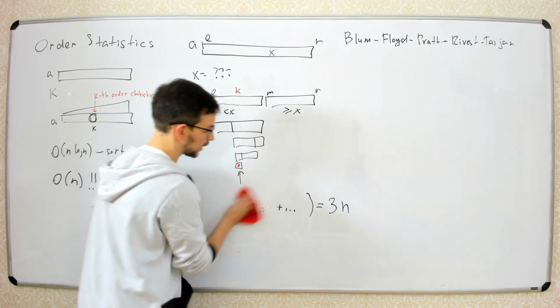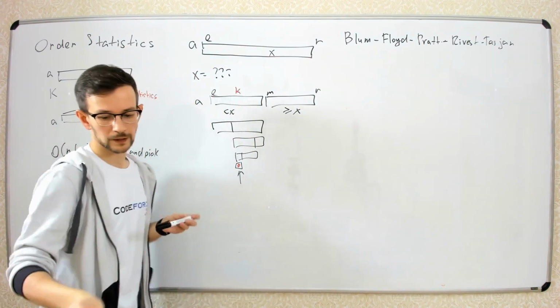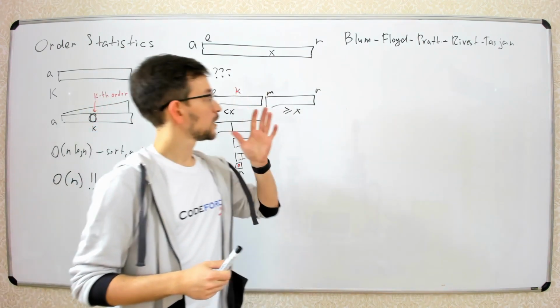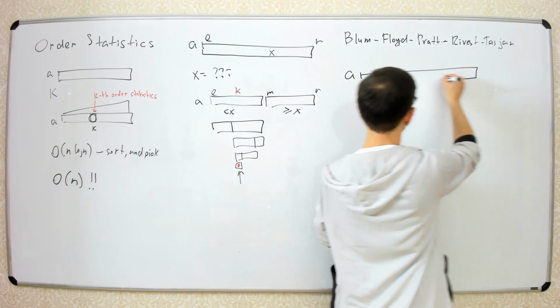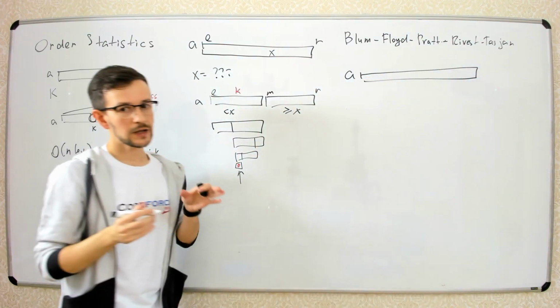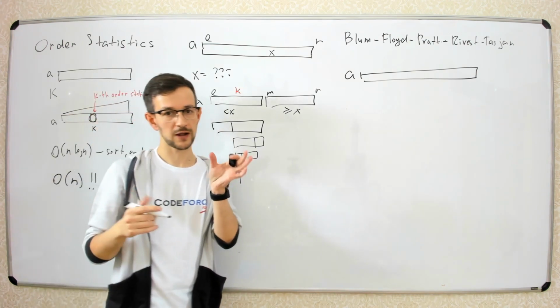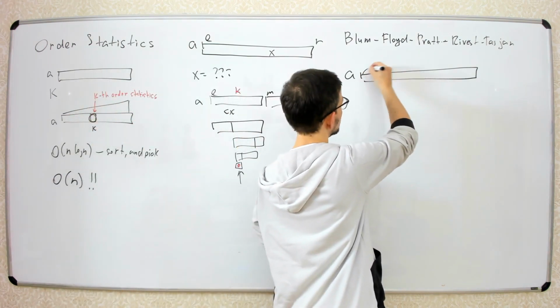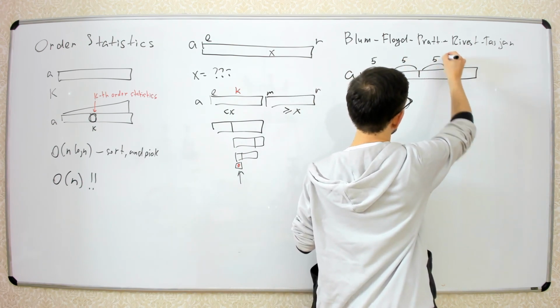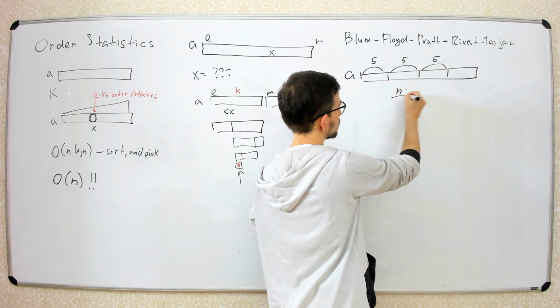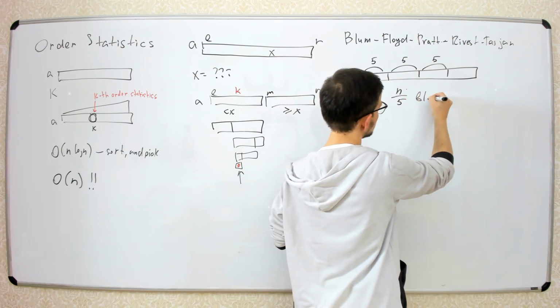Everything else will be the same. So how to pick a good element x? You do it in the following way. You take the array A and you split it into groups of 5 elements. So you have n over 5 groups, blocks.